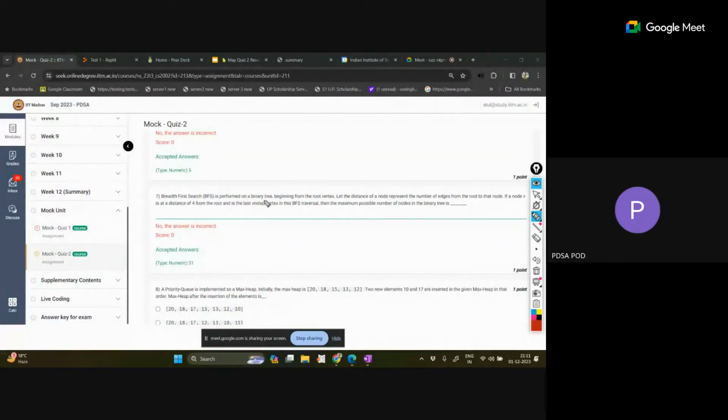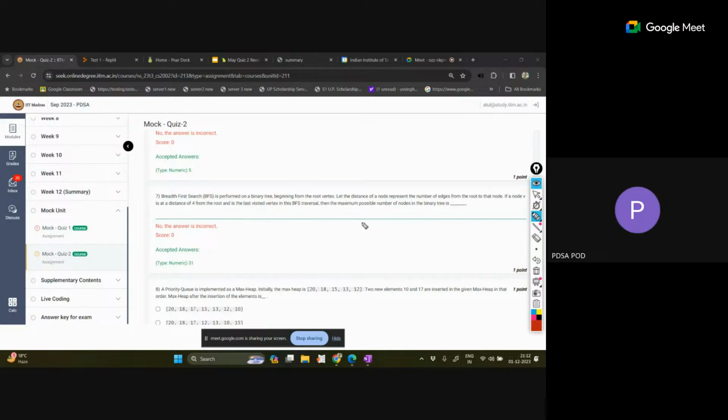So BFS is performed in the binary tree beginning from the root vertex. Let the distance of a node represent the number of edges from the root to that node. So the distance definition is given in the problem statement. A node V is at distance 4 from the root and is the last visited vertex in this BFS traversal.